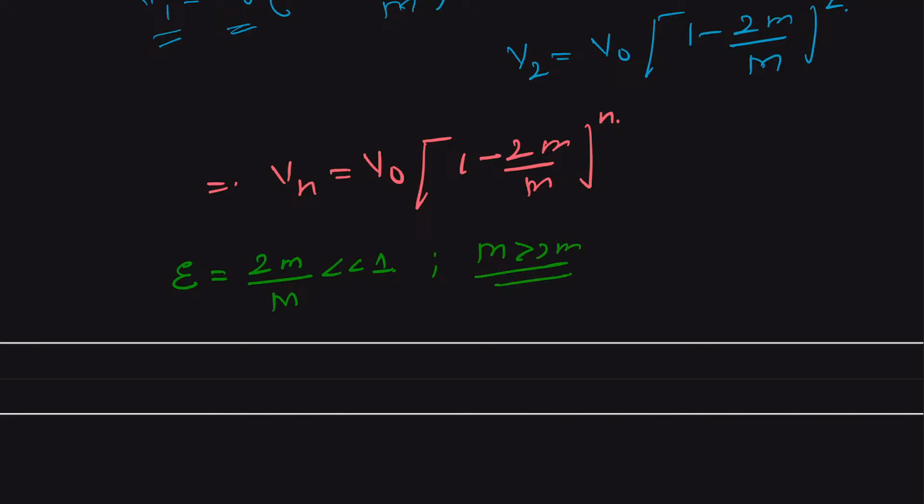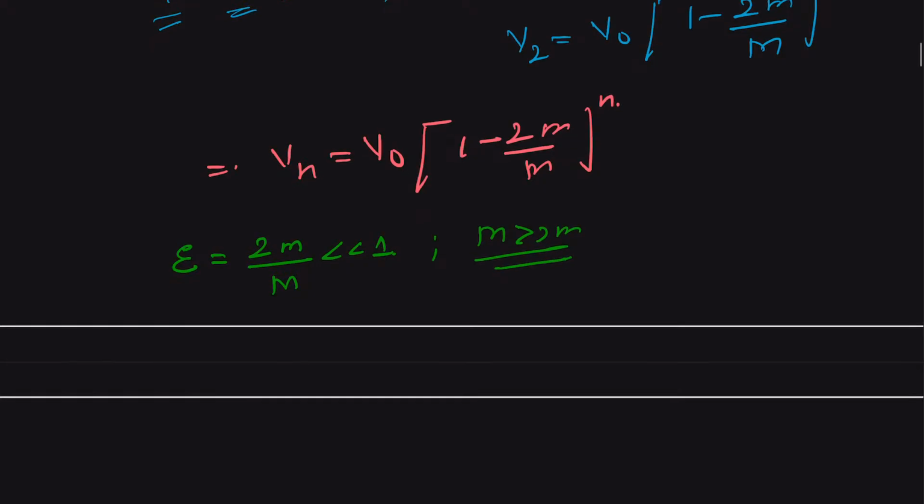So we are interested in this part only. First of all, we can write that this will be equal to (1 minus epsilon) whole raised to the power n.